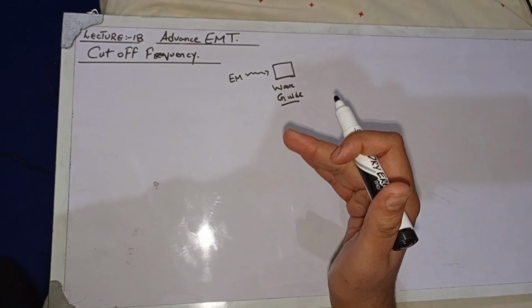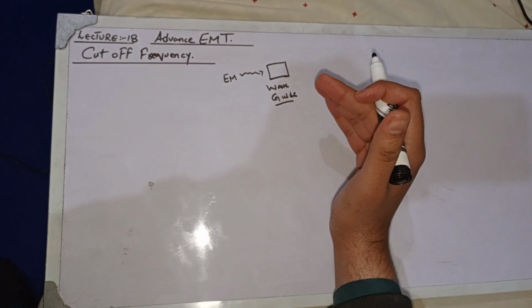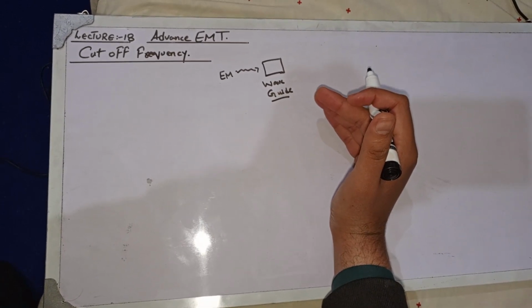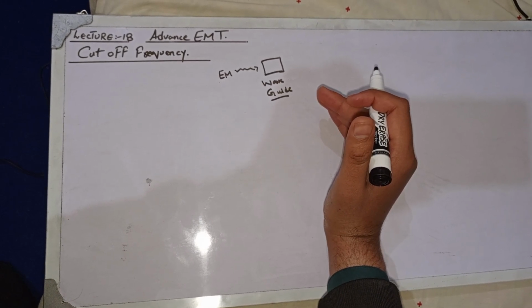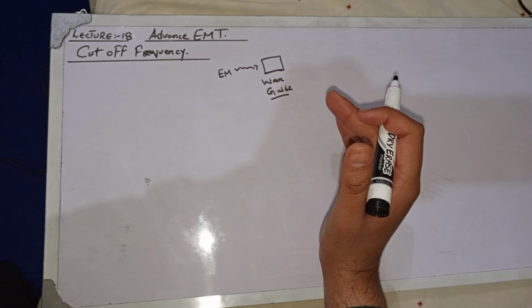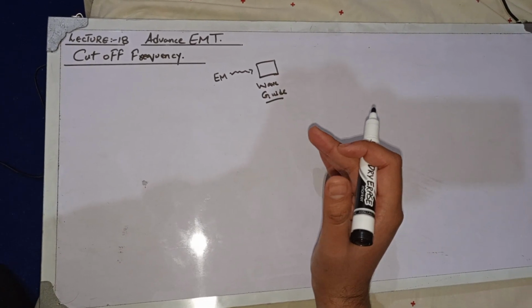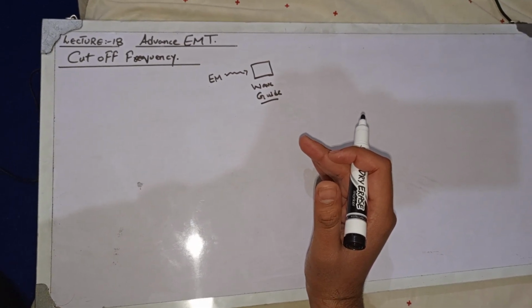A signal must have frequency greater than the cutoff frequency, so that it experiences low attenuation within the waveguide, and then your signal becomes stable.